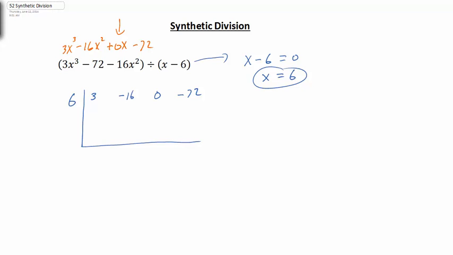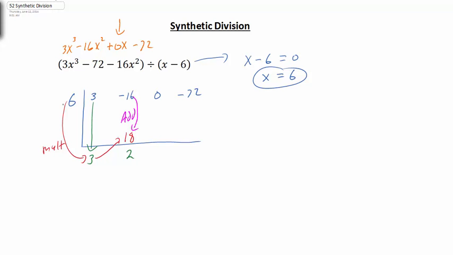Now, the first step is we're going to bring down the 3. We're just going to bring the 3 straight down. Then we're going to multiply 6 times 3, which is 18. And then we're going to take negative 16 and 18 and add those together. Once we add negative 16 and 18, that's going to be a positive 2. And now we're going to repeat the process.